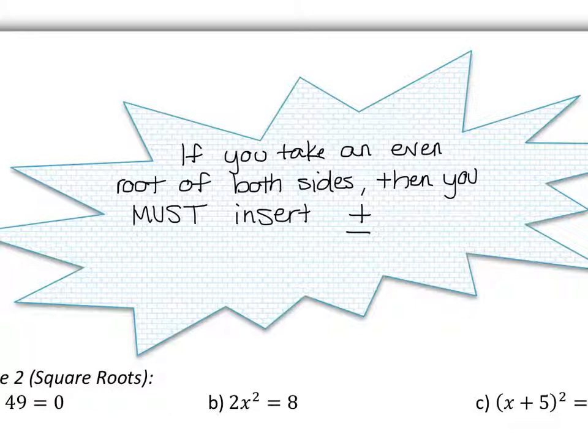If you don't do that, then you only have gotten half of your answer. Okay, so that's not good. We need a whole answer. I'll show you why we need this.